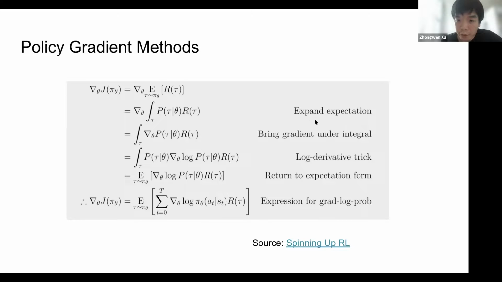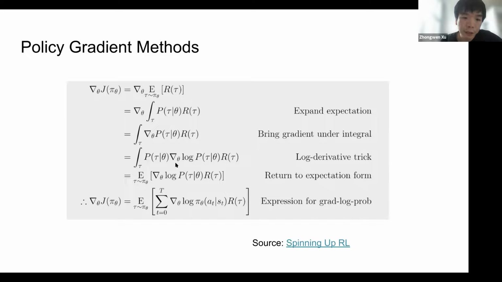And then after this derivation, you can see the first step is to expand the expectation into an integral of the probability. And then we can swap the integral and the gradient. You can see from step 2 to step 3, basically swapping these two operators.